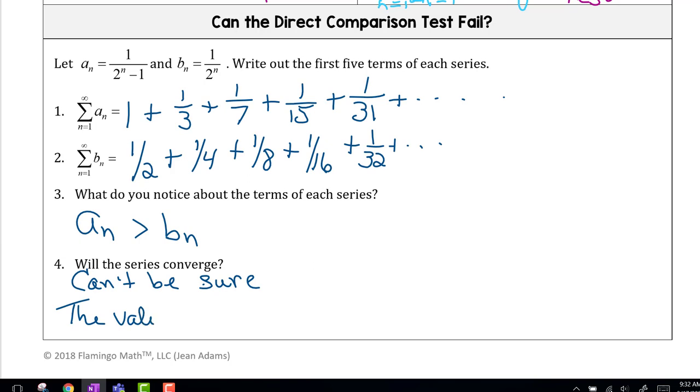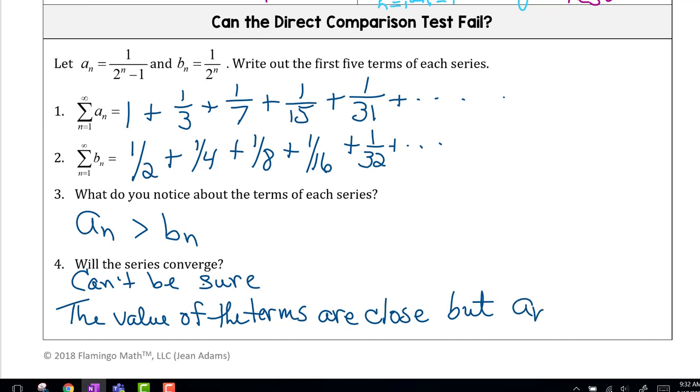The values of the terms are close, but the one we're trying to figure out is greater than that one, so you can't be so sure.